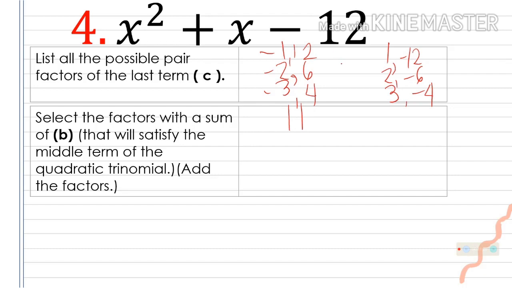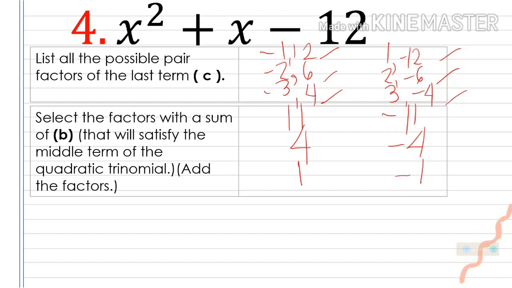Then we have negative 2 and positive 6, positive 4. Then negative 3 plus 4 is positive 1. Then 1 plus negative 12 is negative 11. Then 2 and negative 6 is negative 4. And 3 and negative 4 is negative 1.